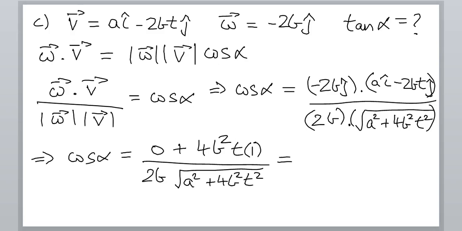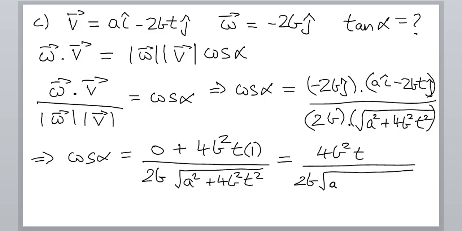Okay, so this can be written as 4b squared t divided by 2b the square root of a squared plus 4b squared t squared. Now see, from here this b will cancel out with the square of b, and this 2 will cancel out with this 4, like this. 2 2s are 4.